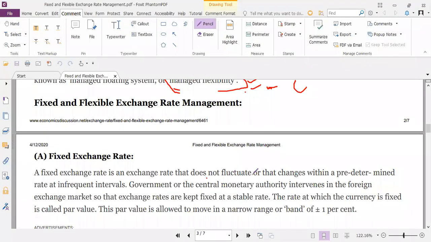So you need to underline these keywords. It does not fluctuate. And then you can underline the government or central monetary authority intervenes to keep this exchange rate stable. There is a stability, we can say stable.